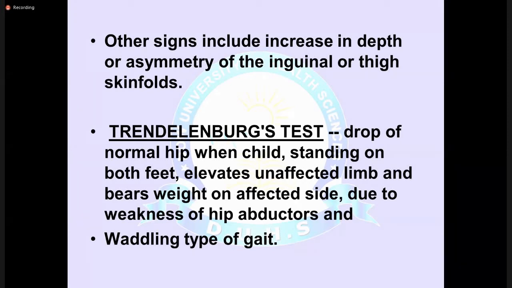The gait is also abnormal. It is known as a waddling gait, a broad-based gait, and it occurs in congenital dislocation of the hip or any hip problem, including developmental dysplasia of the hip.